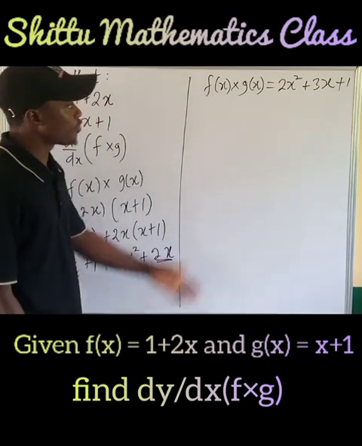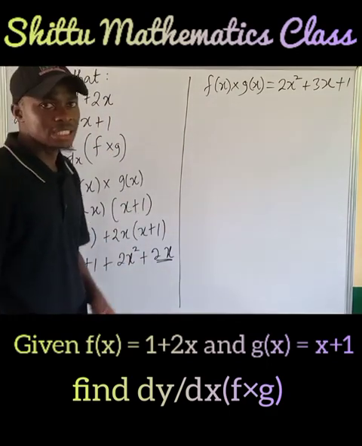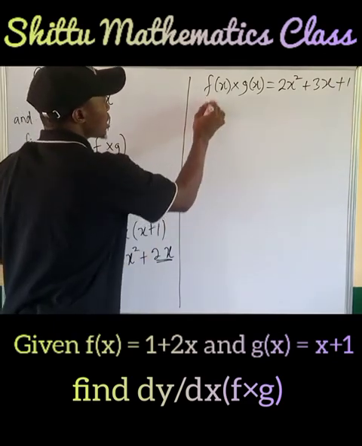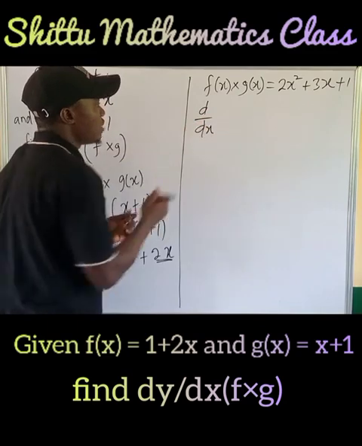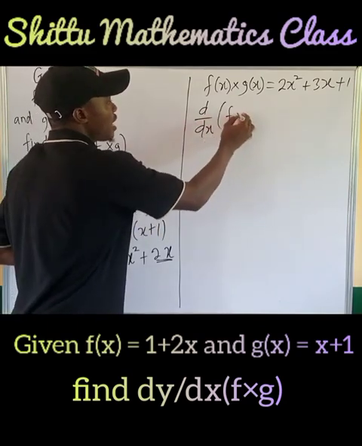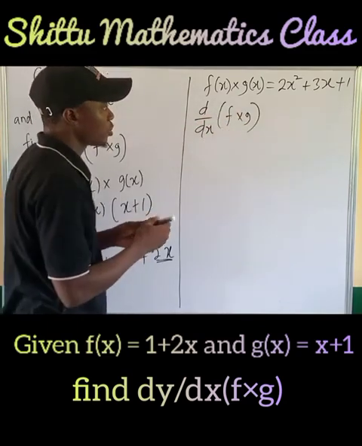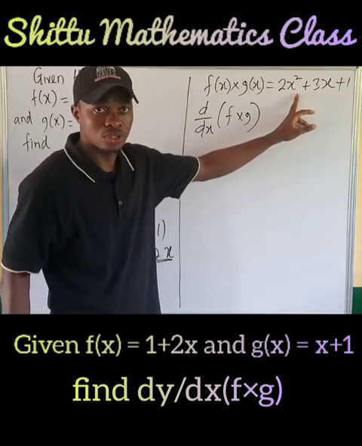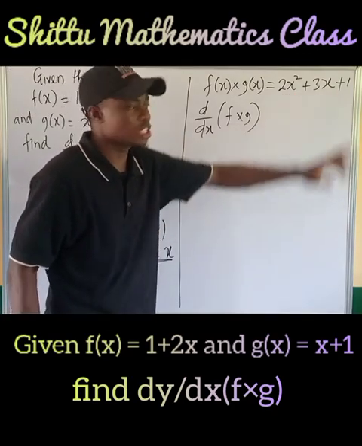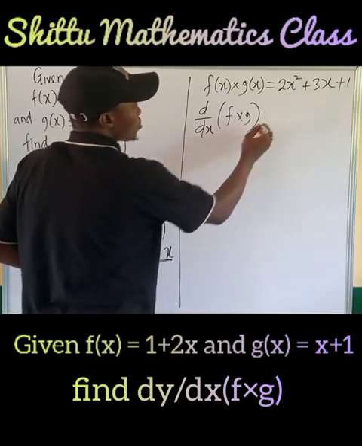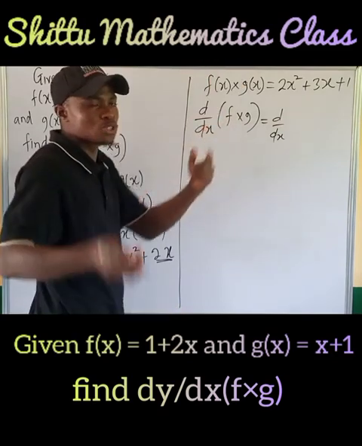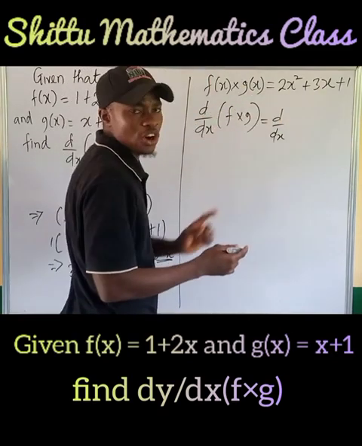Are you following? And so from there, the next thing we need to do now is we take the differential coefficient of f times g, that is the product. And the product is what we've already given here. This is 2x squared plus 3x plus 1. So we want to get the differential coefficient of each of these terms.